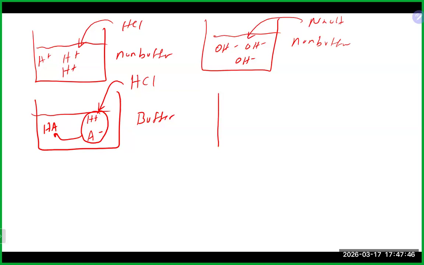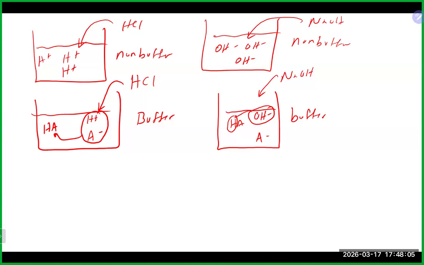Same thing when you would add to a buffer here that has, again, the acid part and the base part. When you would add something like sodium hydroxide to it, what's going to happen is when that hydroxide comes in, it's going to react with the acid, and those two guys are going to come together, and it's going to basically make water.